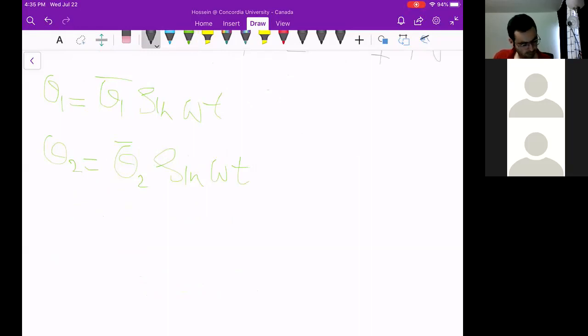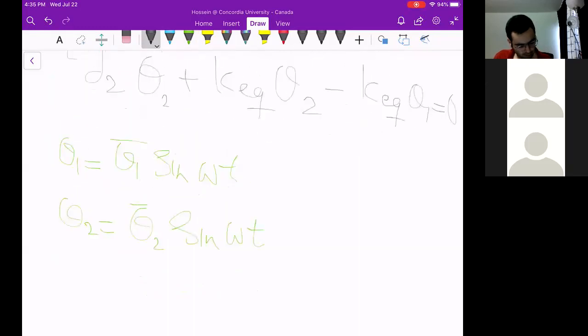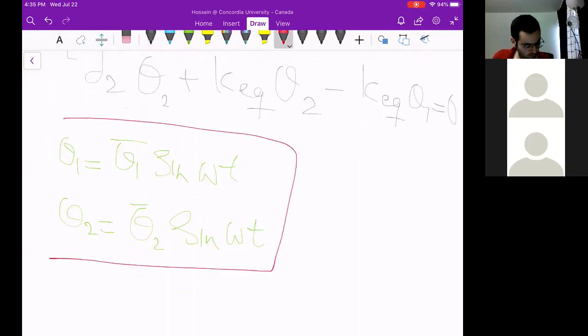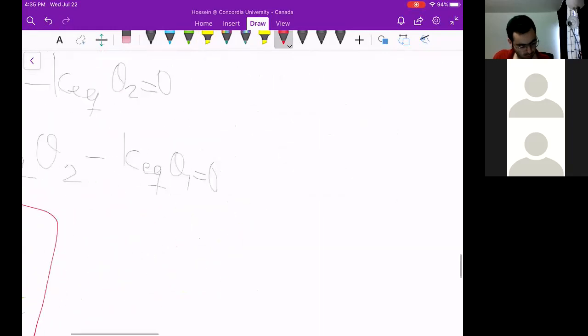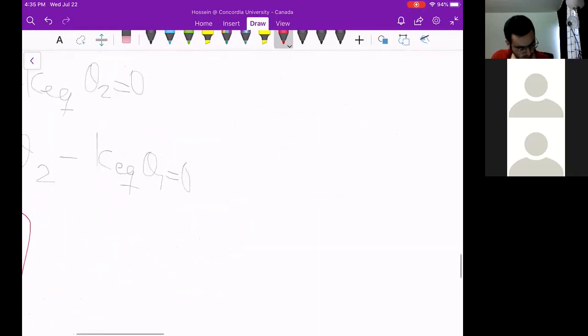This is for solving the matrix equation, so here you need to go for matrix format.